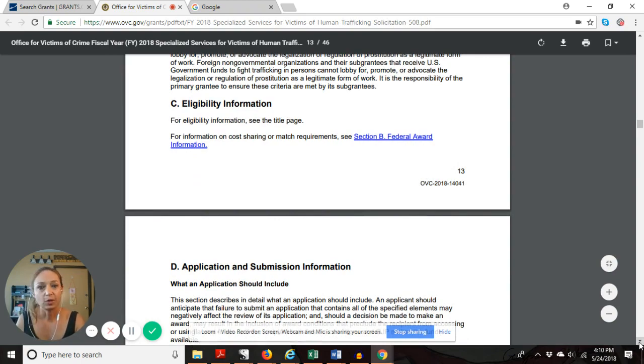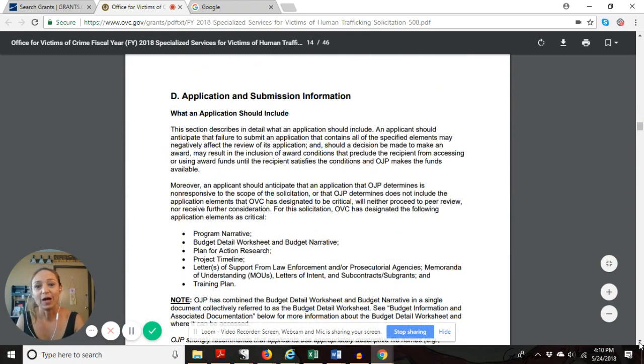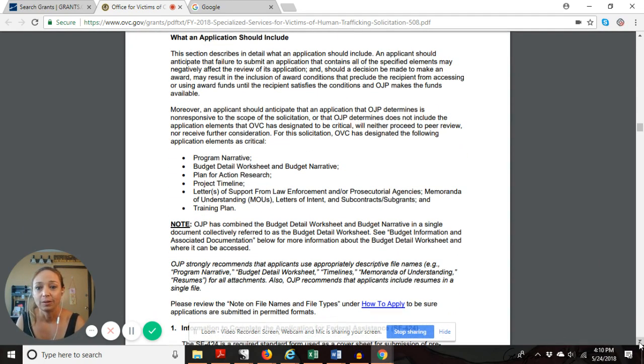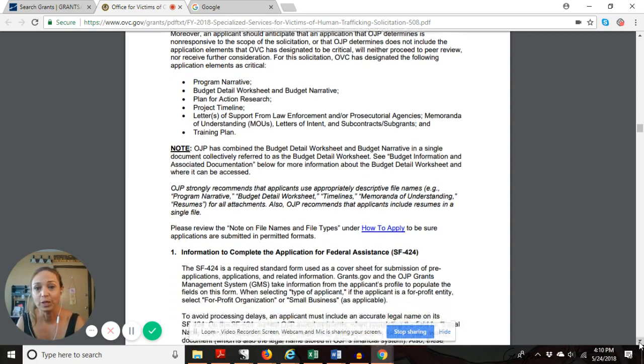Okay, so once again, it talks about your eligibility, and it talks about your application and submission information. Now here is what you're really looking for after you go through all of that. It tells you what is required for your application. So it says a program narrative, budget detail worksheet, and budget narrative. So they're actually going to give you one that you have to fill out, a plan for action research, project timeline, and then they say they do want letters of support, and they tell you from who, MOUs, letter of intent, blah, blah, blah.